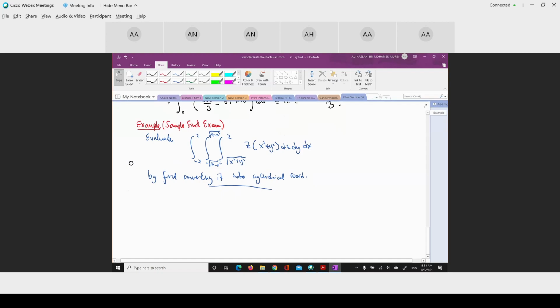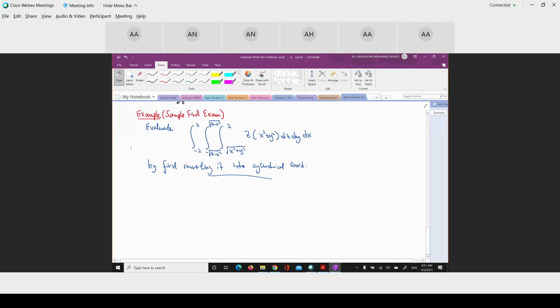So to convert this into polar coordinates, we need to make a sketch. You can see from the given triple integral what the bounds for x, y, z are.